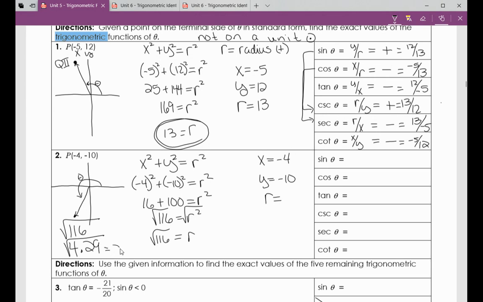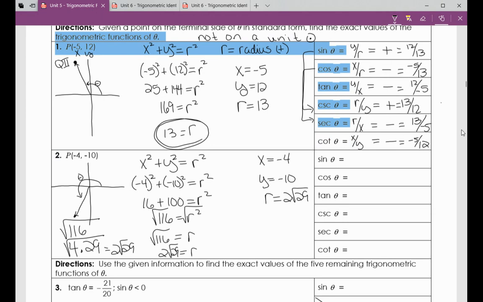And that would give me 2 square roots of 29. So my radius is actually 2 square roots of 29, which means depending on where the radius falls, we may have to rationalize some of these answers. So sine, I'm going to go up here.